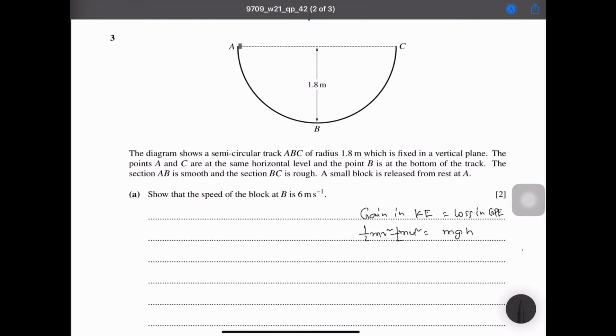So if we apply this formula directly, it will be half, mass let me keep it m, and v square, keep it same, and it's starting from rest, so half 0 square, mass is same, g is 10. Then let me simplify all the m, so it is half v square equals 18, v square equals 36, and v equals root over 36, that is 6 meter per second.